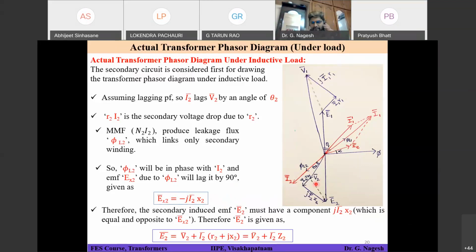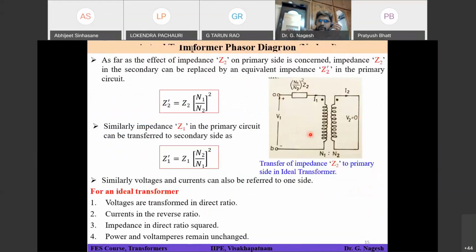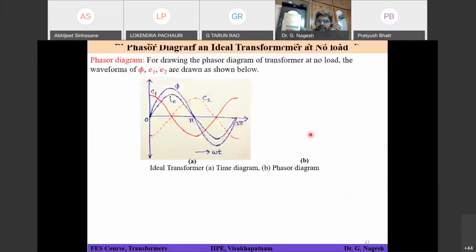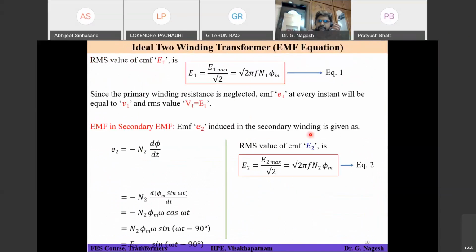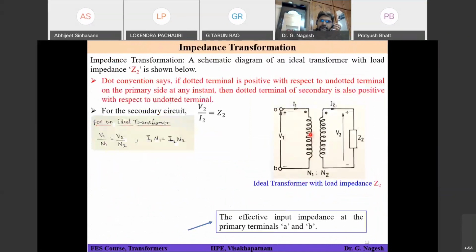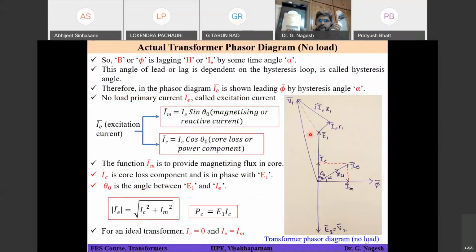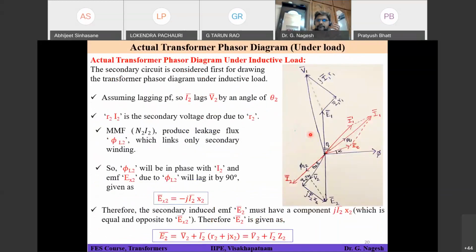That's why I actually brought everything in steps from the starting. But anyway, I will not go into more detail, but I will explain the phasor diagram. That diagram only. In this diagram only. Every variable of that diagram, process by process. Yes, sir.